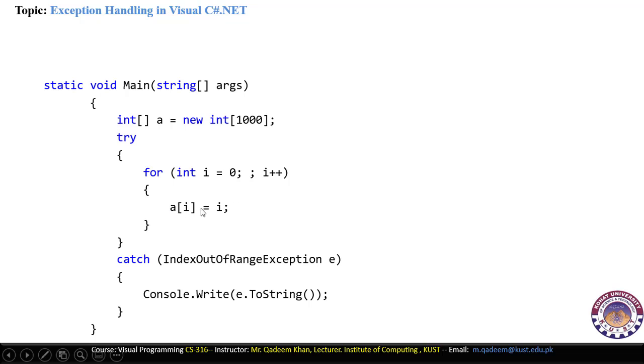So a[i] = i means we are assigning the counter variable of the for loop to the array. First 0 will be assigned, then 1, 2, 3, 4 and so on. When the value becomes 1000, the exception will be thrown here. The exception will be IndexOutOfRangeException e, and Console.WriteLine will print e.ToString. e contains the index out of range exception, which will be thrown here.